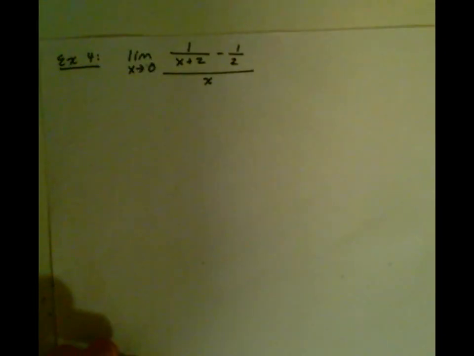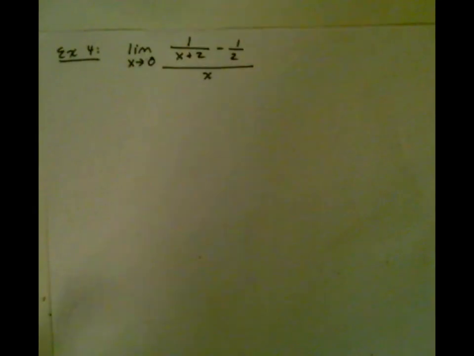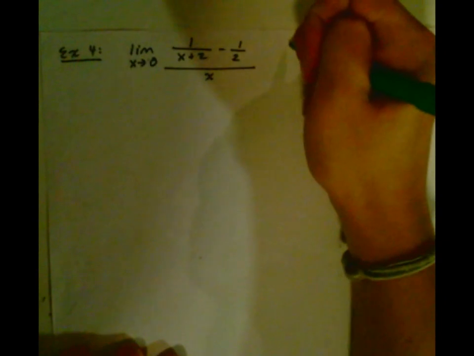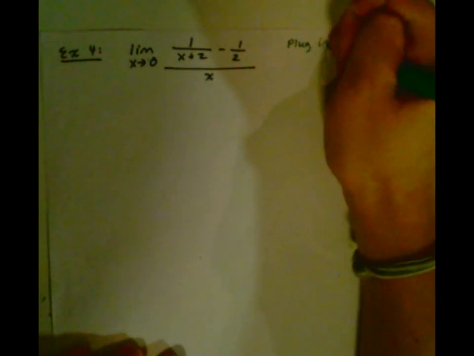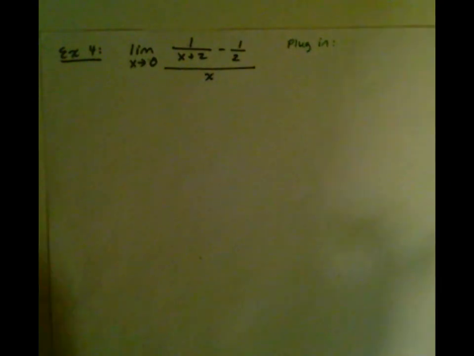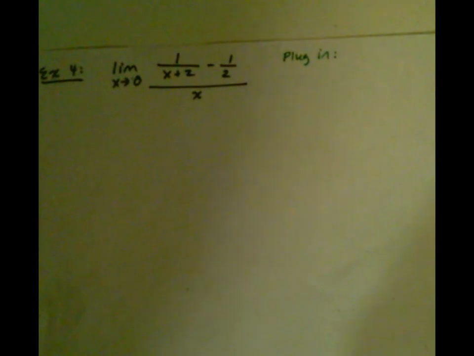So this one is the limit as x goes to 0 of 1 over x plus 2 minus 1/2, all over x. I know this looks potentially a little scary, but we're going to start the same way by plugging in our c value and seeing if it gives us something that is defined. Probably it isn't going to.